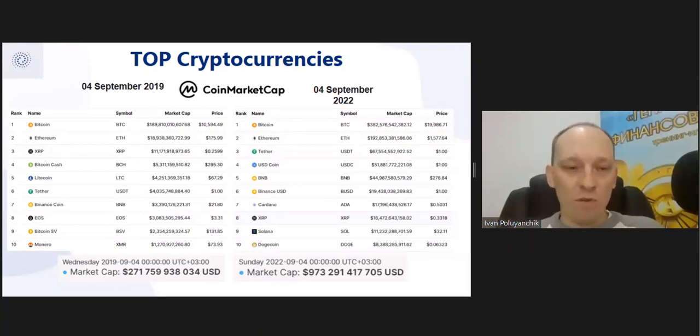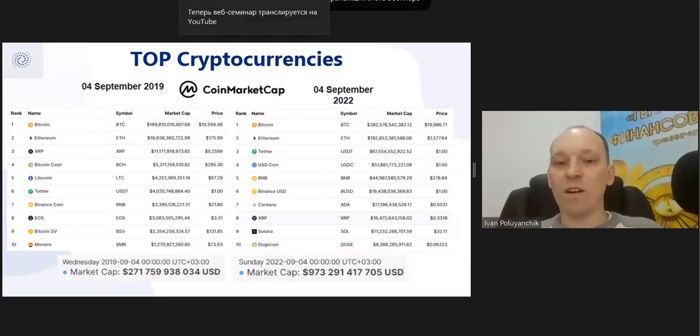And if you take a look at the market cap of Bitcoin back then, it was around 200 billion, and now it's almost 400 billion.